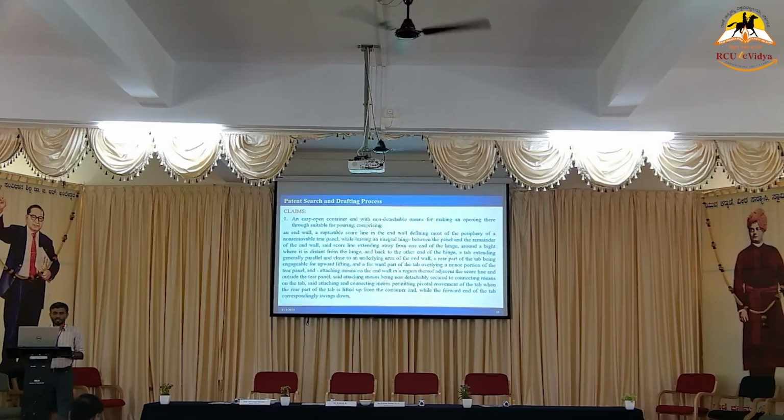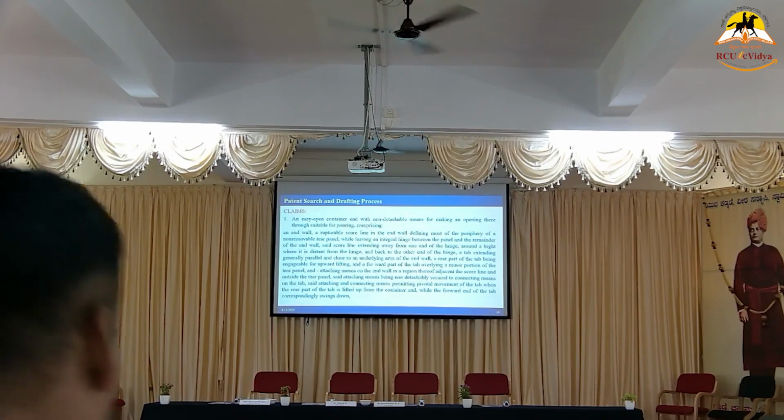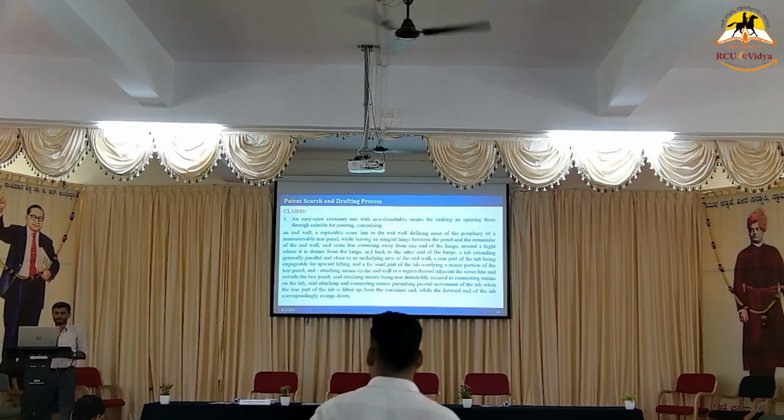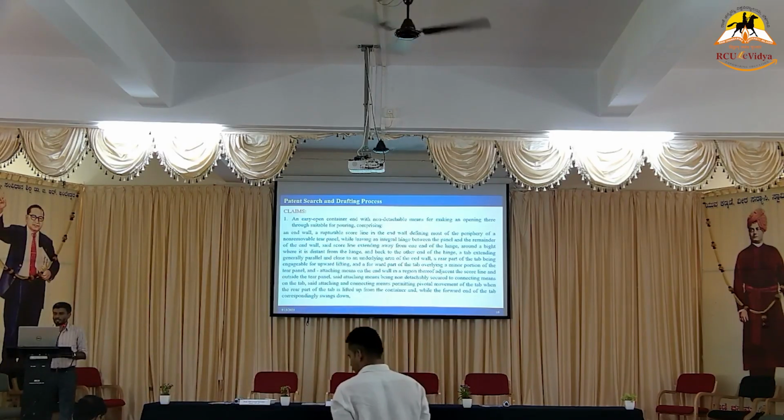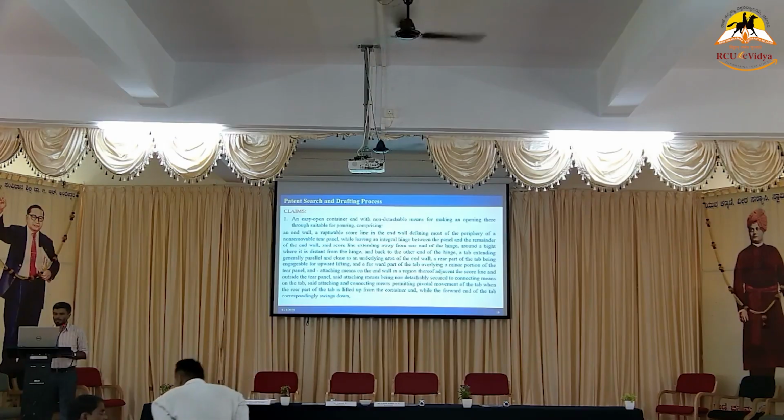Claim 1: an easy open container end with non-detachable means for making an opening therethrough suitable for pouring, comprising an end wall, a rupturable score line in the end wall defining most of the periphery of a non-removable tail panel while leaving an integral hinge between the panel and the remainder of the end wall.